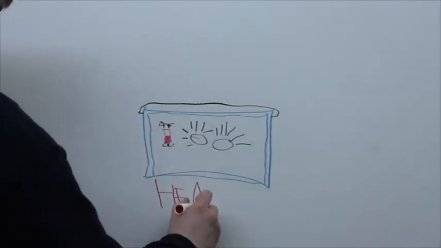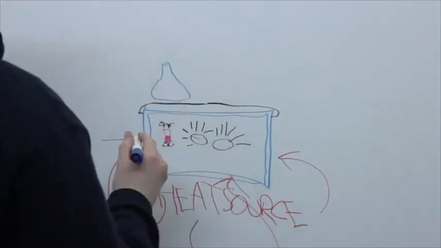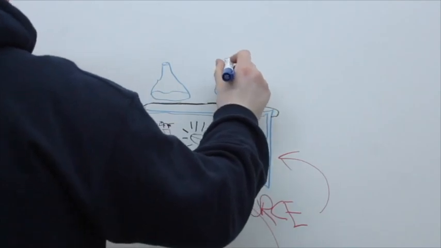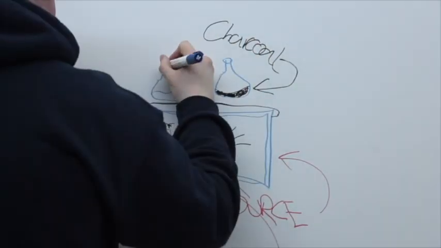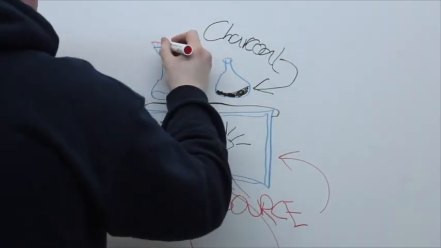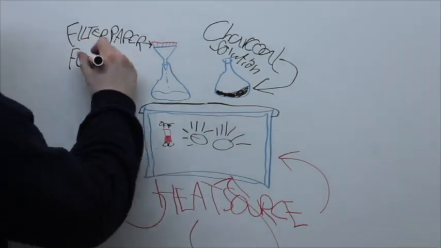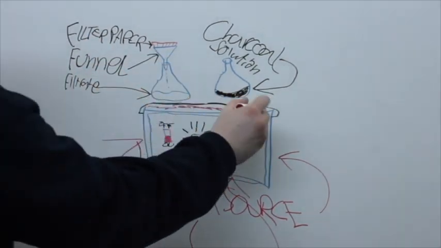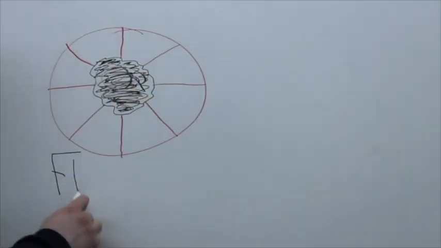The filtration step must be conducted with the apparatus still on the heat source as to negate the effects of the colder external environment on the solution, ensuring it does not recrystallize during filtration. In this case, a purified sample of benzoic acid, and in the filter paper above lie all the impurities now bound to the charcoal.